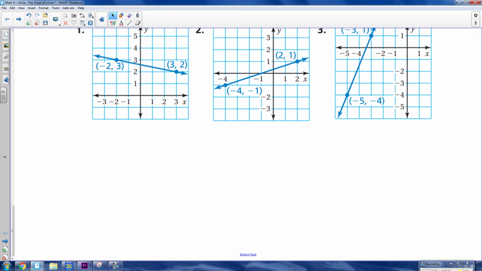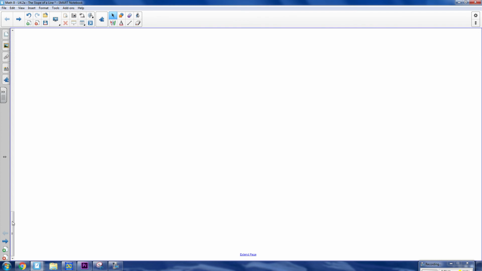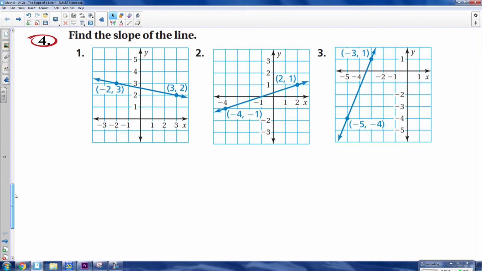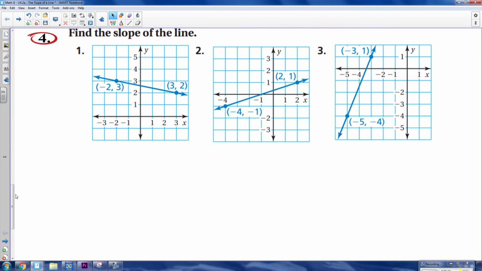So now we're looking at slope from a graph, because we're doing slope and rate of change from a lot of different things. We want to know the change in y over the change in x here. What I like to do is start on the left side always, because if I start on the left side, the change in x is always going to be positive. So let me write that down.